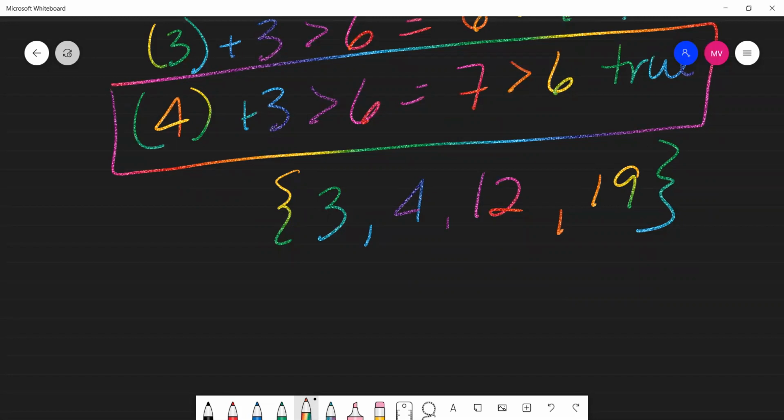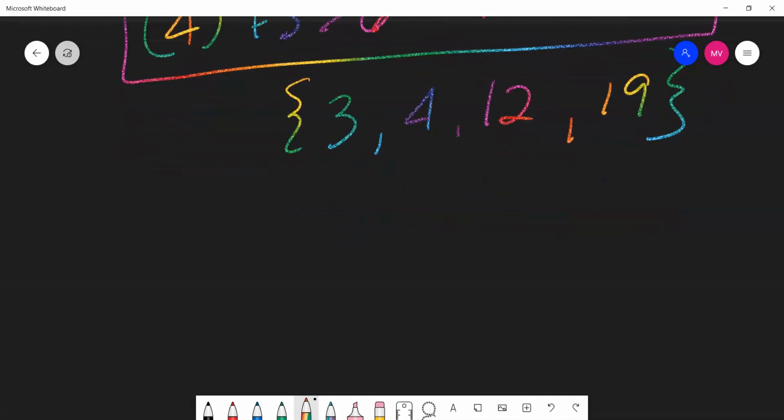Usually, it is not possible to list all the solutions to an inequality because they are infinite. So what we do when we try to represent the solutions to an inequality, we graph them on a number line.